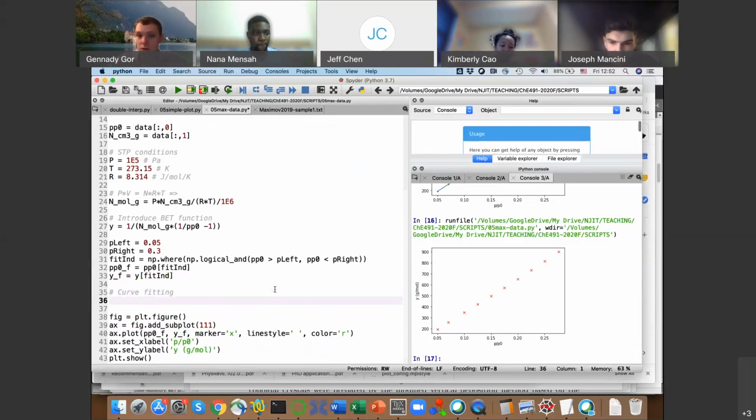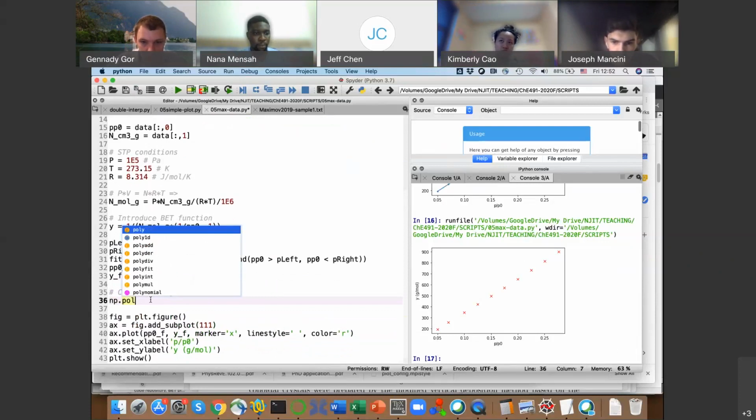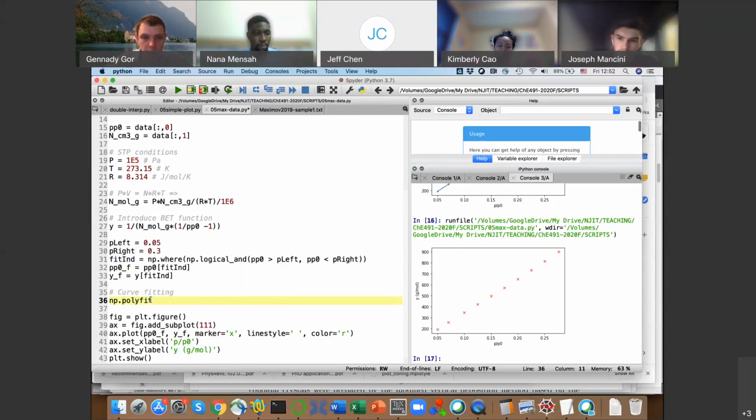Let me start. So NumPy, NumPy polyfit, and then the first argument would be my x, which is p naught f.